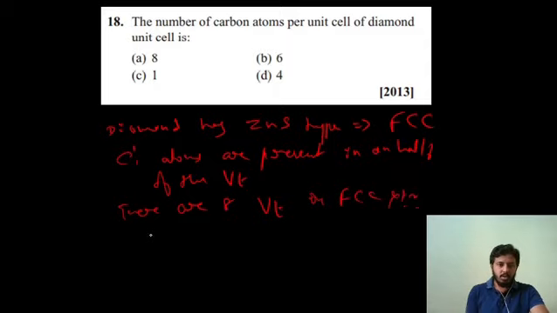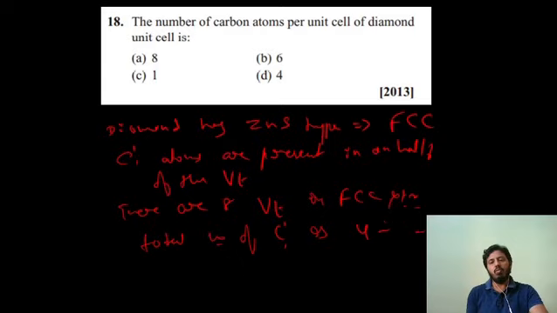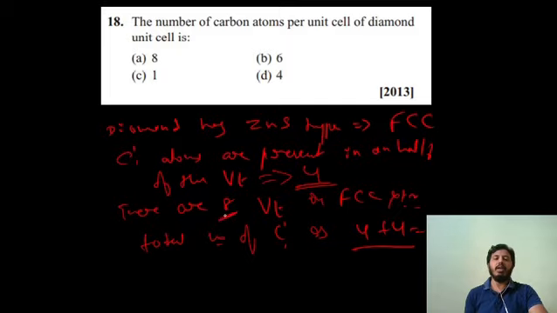So the total number of carbon atoms is 4 plus 4, that is equal to 8. What do these 4s represent? Here we have calculated carbon atoms present in half of the tetrahedral voids, which is equal to 4, because tetrahedral voids will be 8. Half of the tetrahedral voids represents 4.